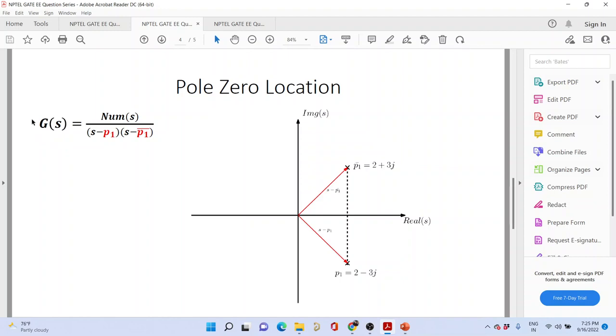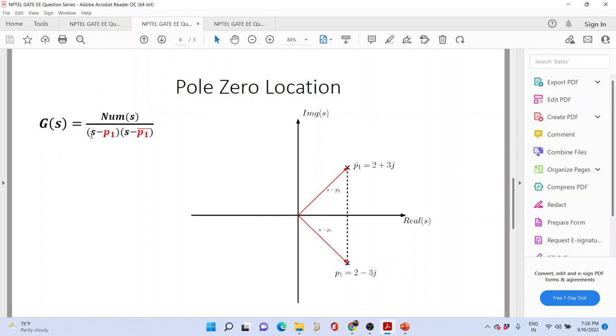It has a fixed frequency but no decaying factor. It is a purely sinusoidal signal with no decaying factor. So in s equal to rho plus j omega, the rho term is equal to 0 while we are exciting the system.